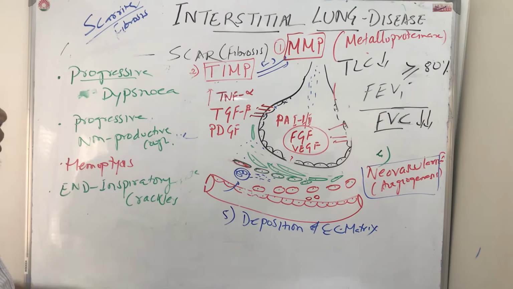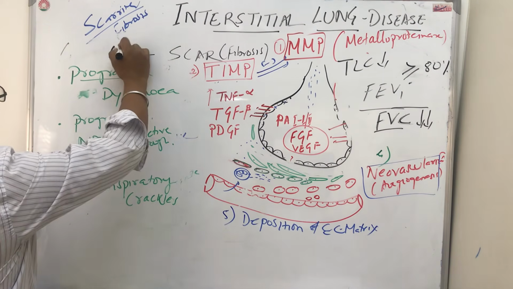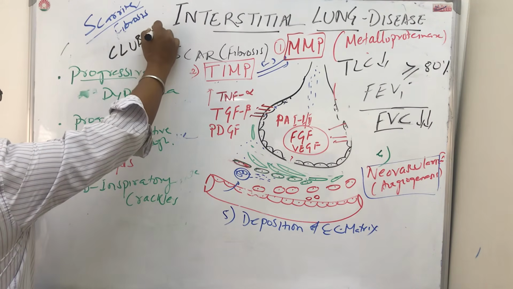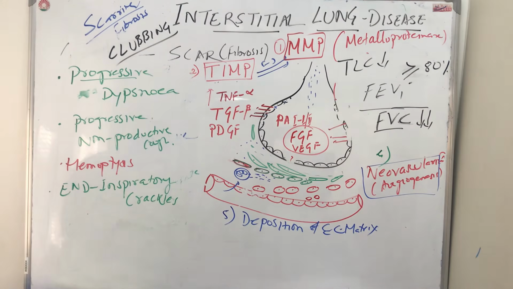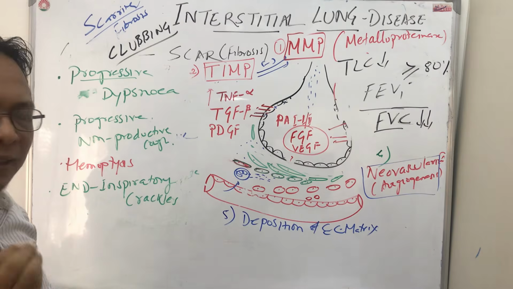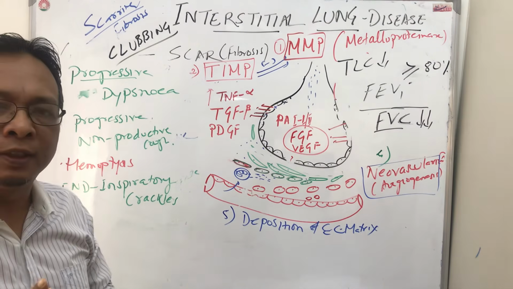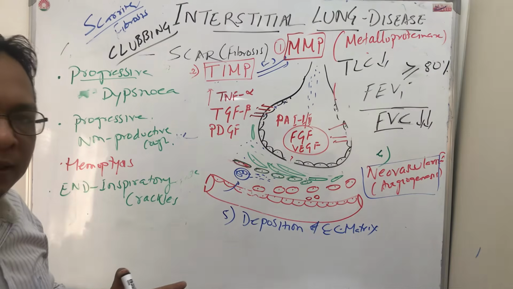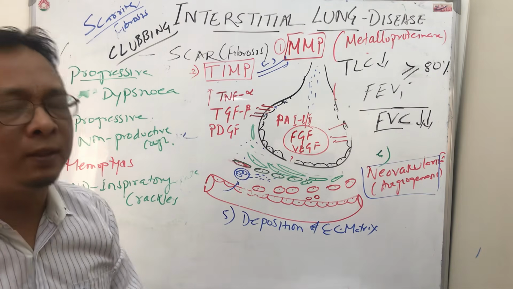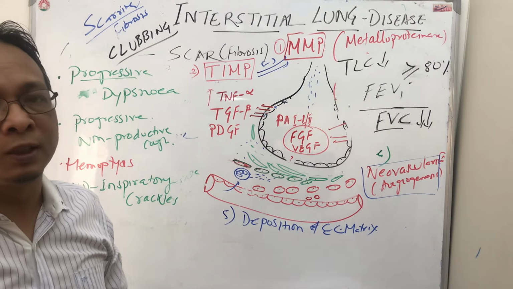And what other clinical features go with interstitial lung disease? Don't forget to mention clubbing. So these are the basic clinical features that you'll find. Now when we do the classification, as I told you before, of interstitial lung disease, you'll find varieties of classifications by many people. They have their own classification.